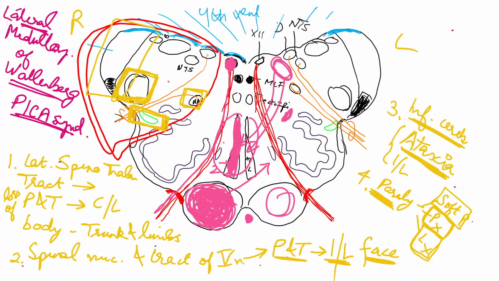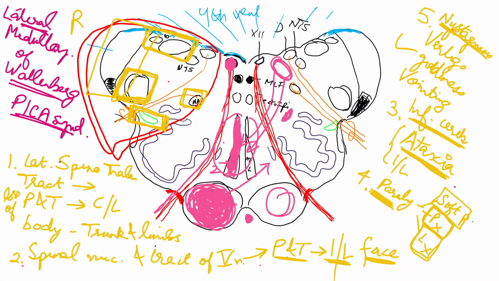There is another feature, number 5, I will write it here. These are the vestibular nuclei. Because of involvement of these, the patient will experience nystagmus. Actually, not the patient, the physician will be able to see that his eyes are moving involuntarily in a to and fro movement, that is called nystagmus. And then there will be vertigo, giddiness, and the patient might experience vomiting as well.